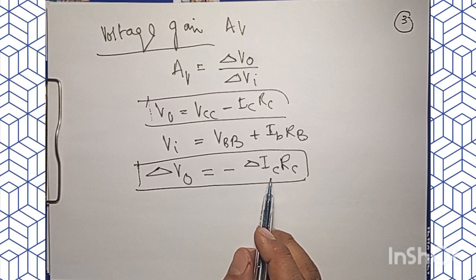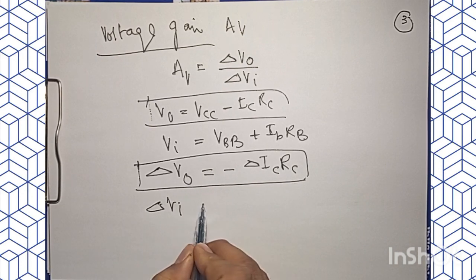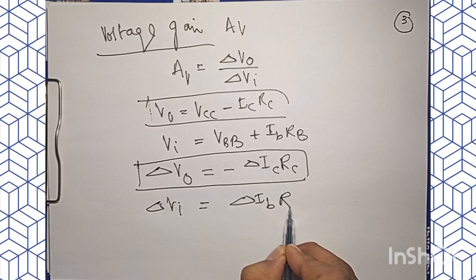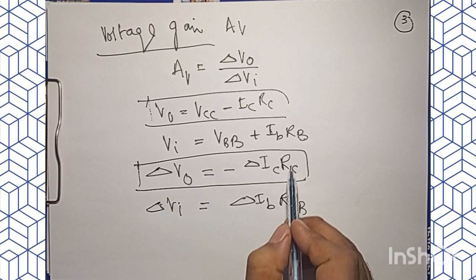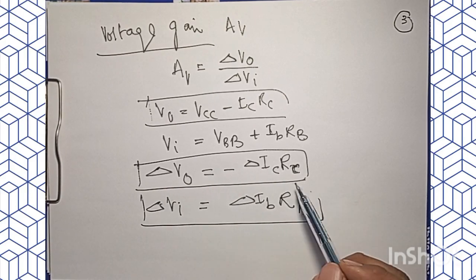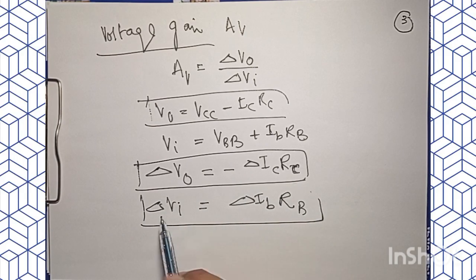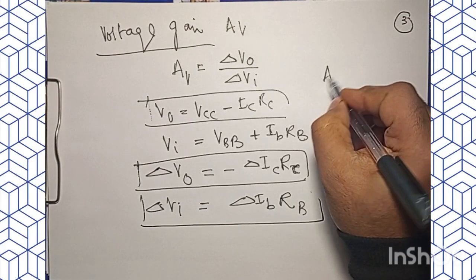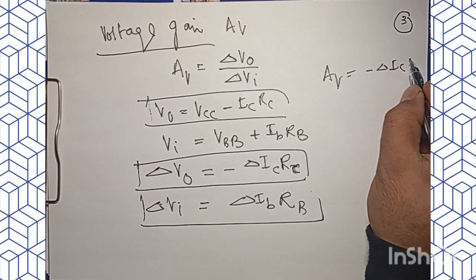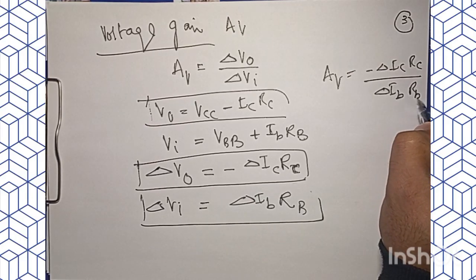And for delta VI, similarly, that will be delta IB RB. So we have got both the equations. We want an expression for voltage gain, and here we can see that this voltage gain AV will be minus delta IC RC by delta IB RB.